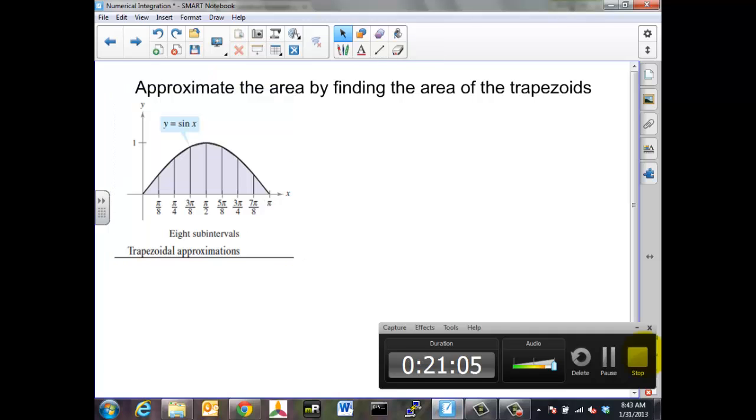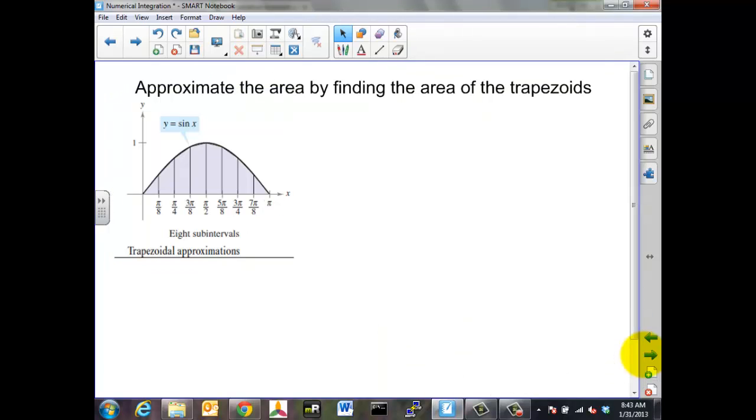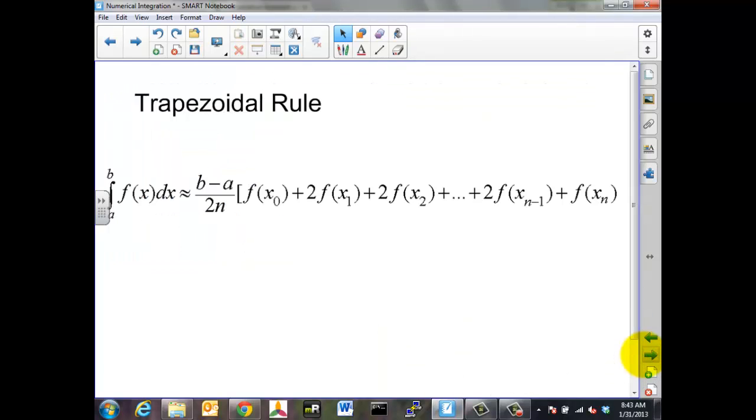Okay, so that's trapezoidal rule. All right? Now, look at this ugly thing here. That's what you've just been doing, okay? That's just poof, what you just came up with. You're never going to be asked to throw that out. So, where did they get this b minus a from?